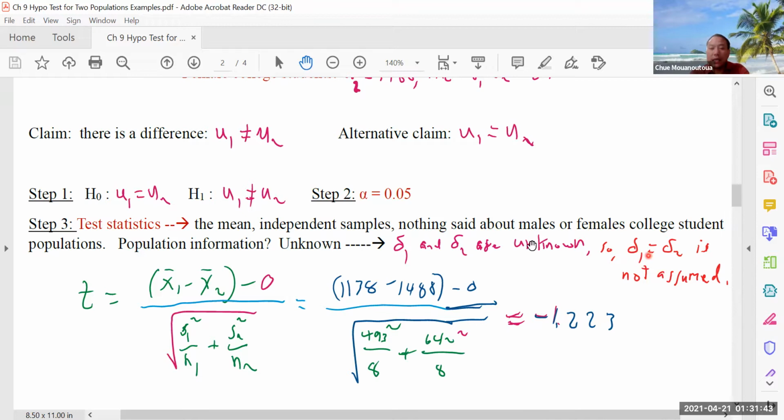So you can see that sigma 1 and sigma 2 are unknown. Because we don't make any assumption that sigma 1 is equal to sigma 2, here it is. This is the test statistic for 2 independent populations. We use the t-test.